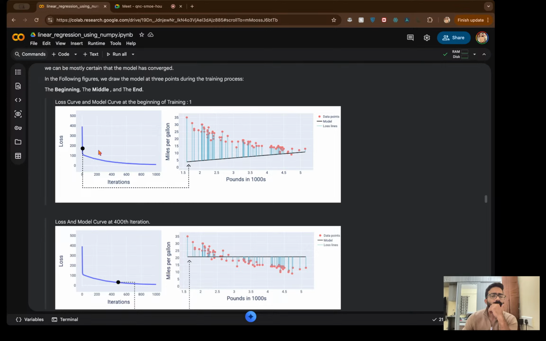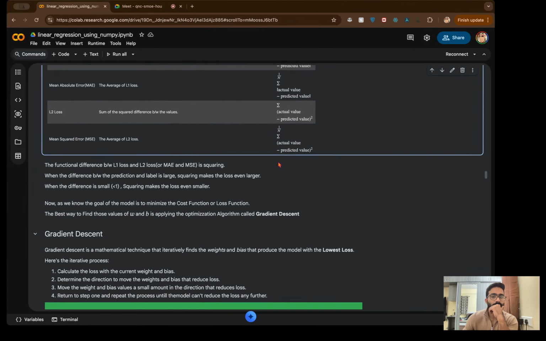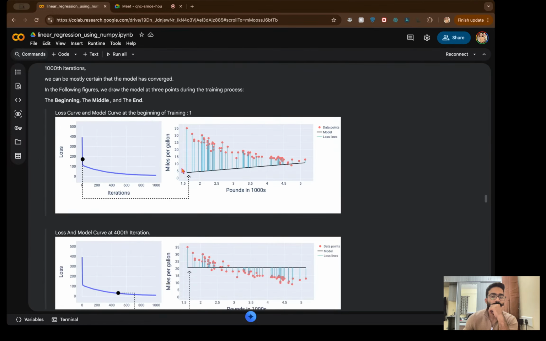So here, on the first iteration, if I plot my model with the data points, you can see there is a difference between the actual value and the predicted value. This blue line. How am I plotting the model?